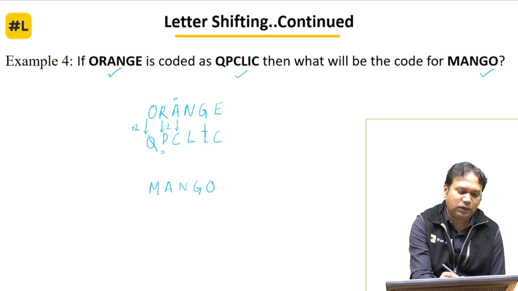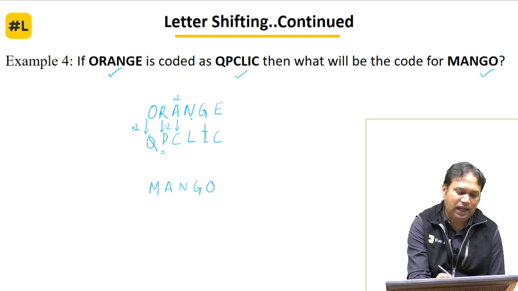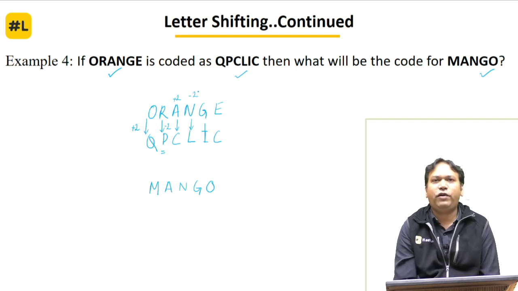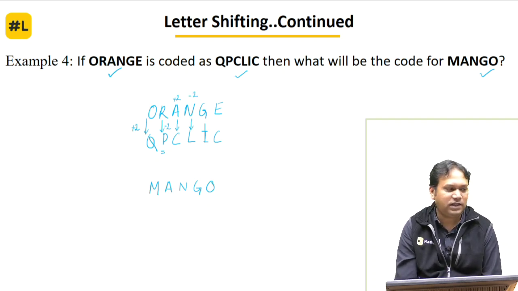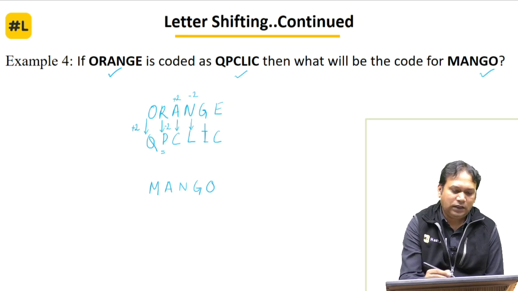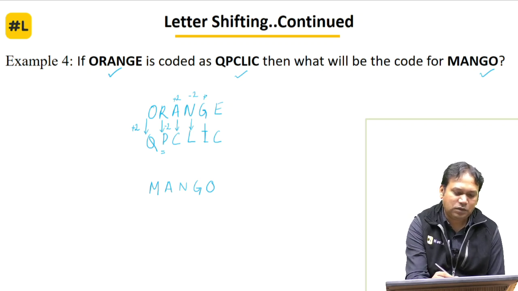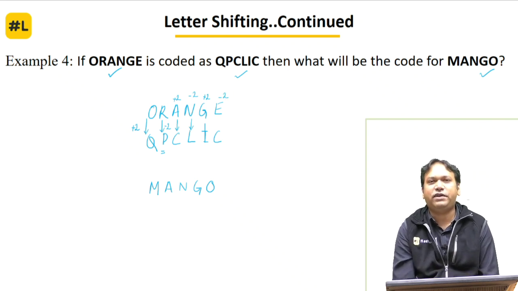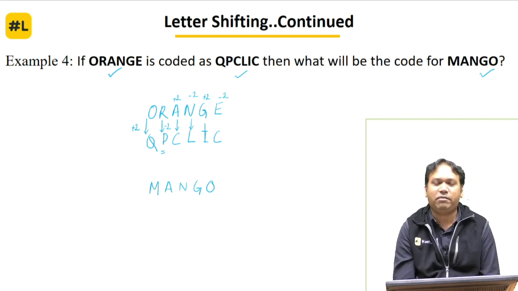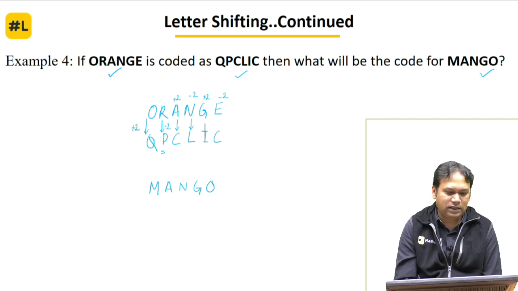A plus 2, A, B, C, and N and L, minus 2. Before N comes M and before M comes L. G and I again plus 2. E and C minus 2. So, that means alternate shifting forward and backward by 2 and minus 2. That is the technique used.